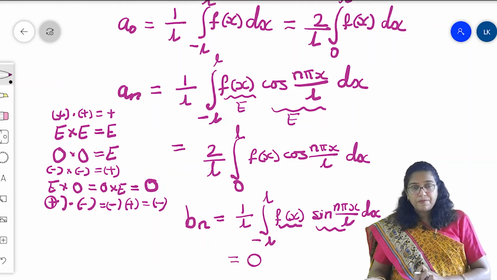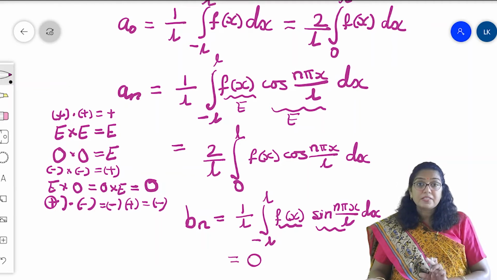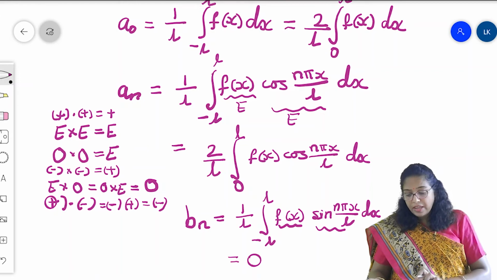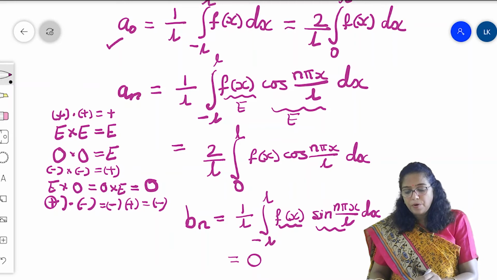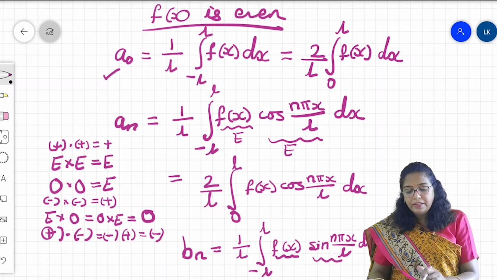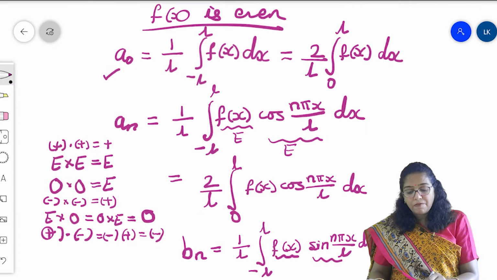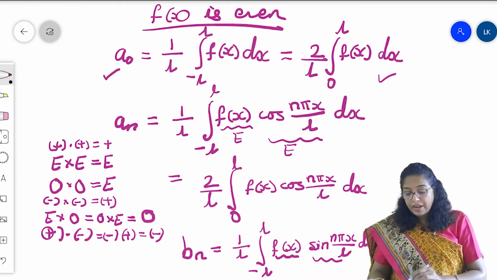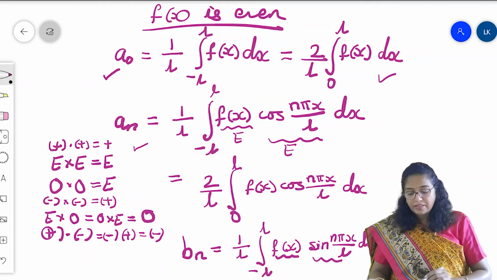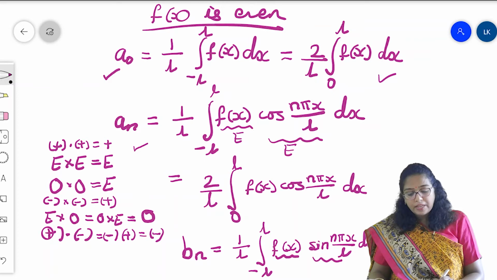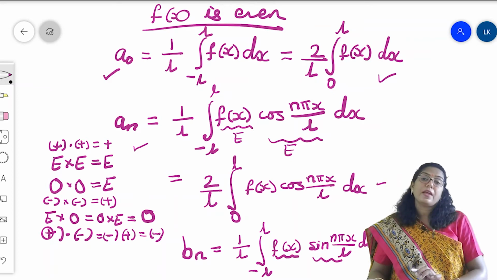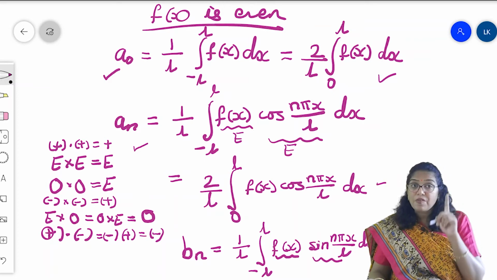That means if f(x) is an even function, then the value of a0 is 2 upon L integral 0 to L f(x) dx, the value of an is 2 upon L integral 0 to L f(x) cos(n pi x upon L) dx, and the value of bn is 0.